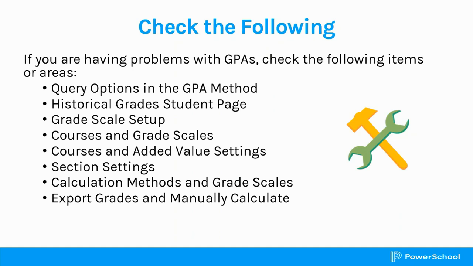The grade scale that's on the course, if there's added value like we went over there, sections can have a different grade scale than the course. So your health might be on the default, but you might have one section that's under a 100-point scale. Somebody accidentally set it up or imported in the incorrect information.